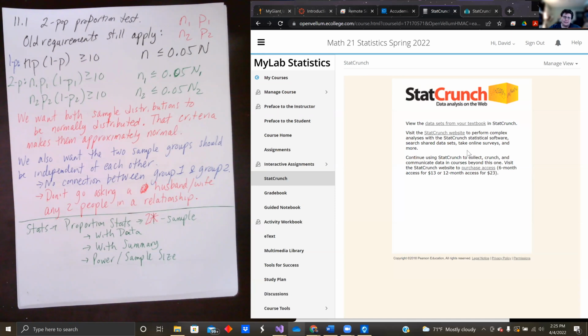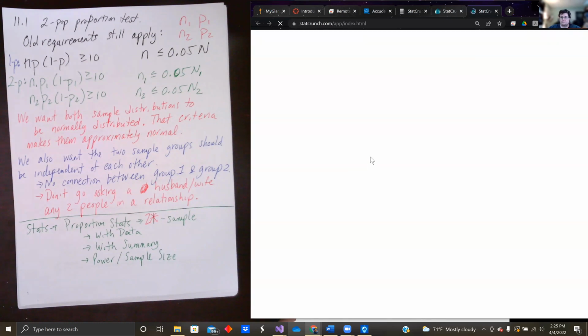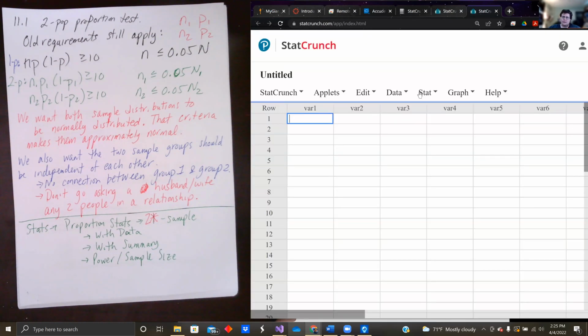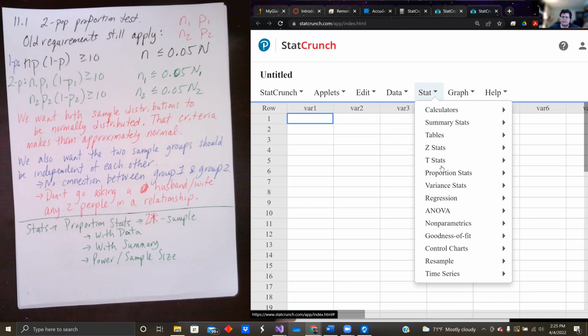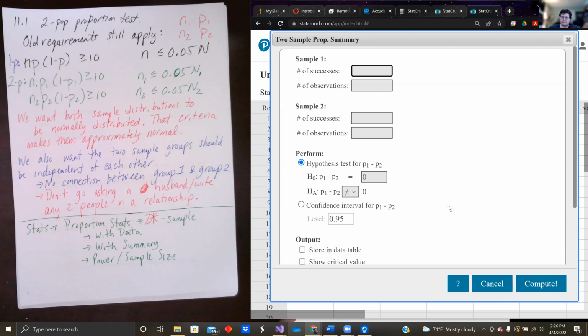Now H0 is going to be a little bit different. So let's come over here and take a look at it, and then I'll write down what we got going on. So I can go Stats, Proportion Stats, Two Samples. And let's say we're doing summary. Notice we've got room to enter both results.